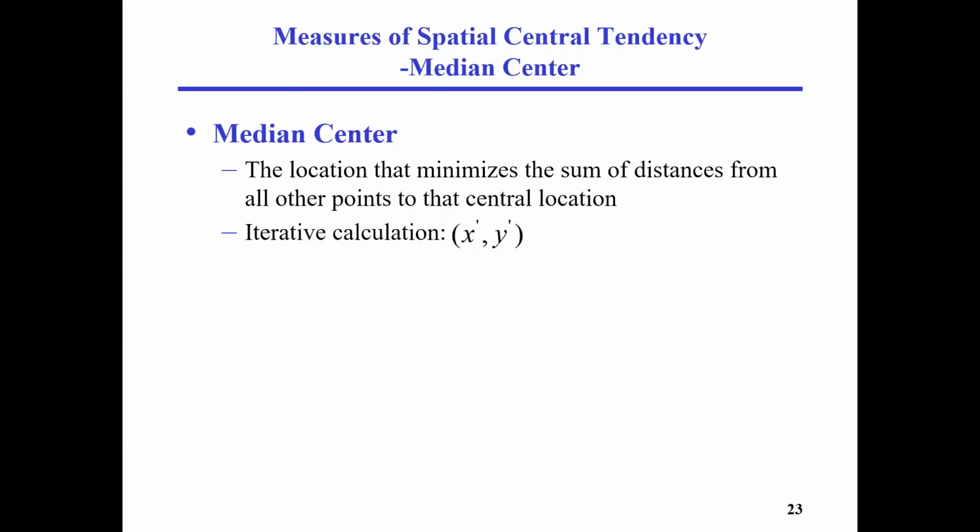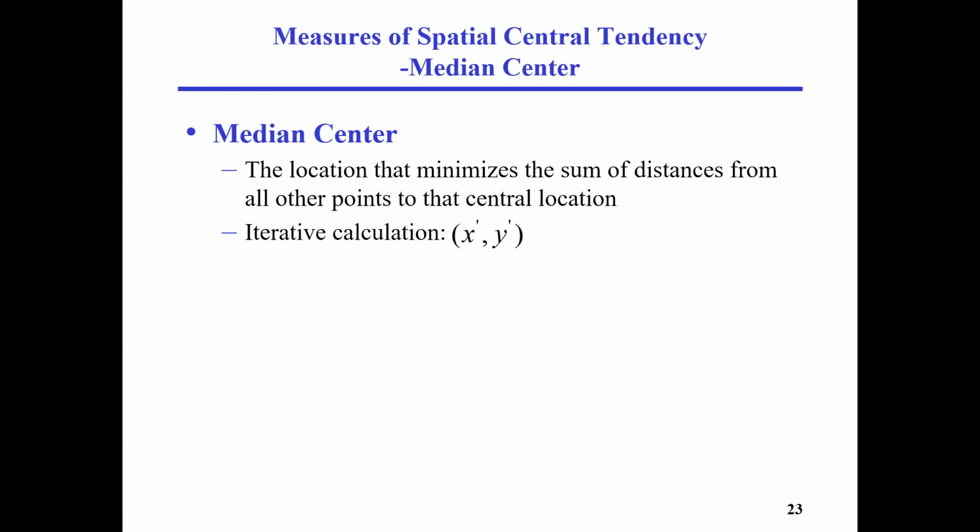In this process, you will adjust the position of the original mean center multiple times. That's the reason why this process is called iterative calculation. And eventually, usually we use computers to help us do this. You will find that location, x prime, y prime, which minimizes the sum of distances from itself to all other points you are interested in within the polygon.